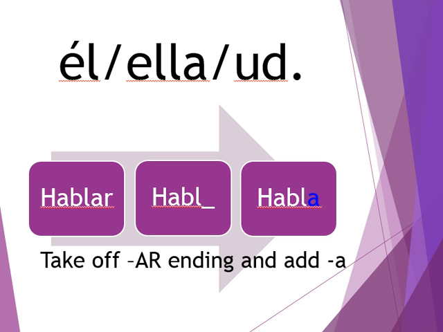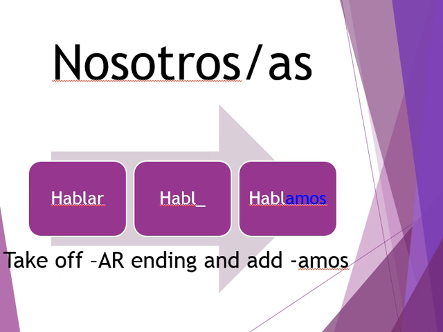Next, I have the subject pronoun él, ella, and usted. I am first going to take off the AR at the end of the verb, and I'm going to add an A. Now I have él habla, ella habla, and usted habla, which means he speaks, she speaks, you speak. Now I have nosotros and nosotras.